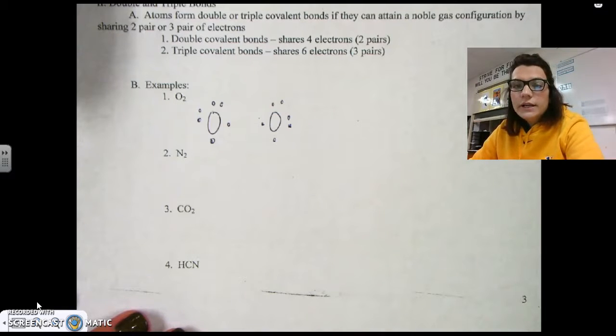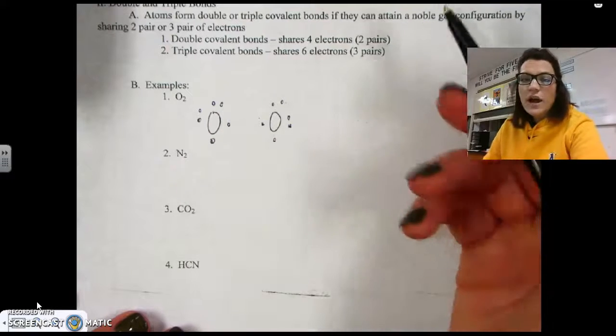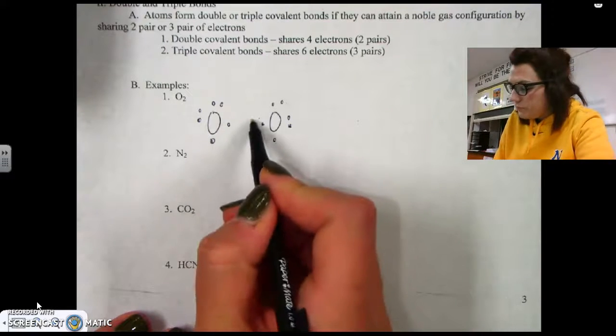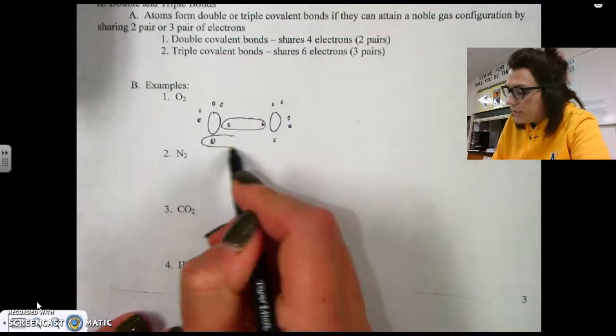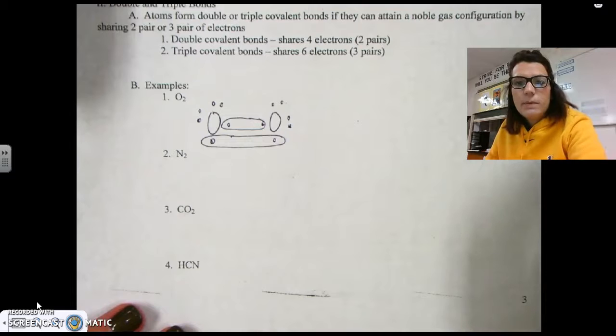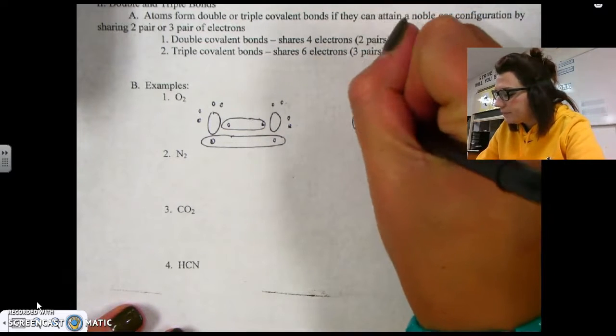We can see 2 electrons on each oxygen atom that don't have their pair, right? So these guys are paired up, these are not, okay? So the obvious thing that you could do is say these guys will be shared and these guys will be shared, and that's where your double bond is going to form, okay?